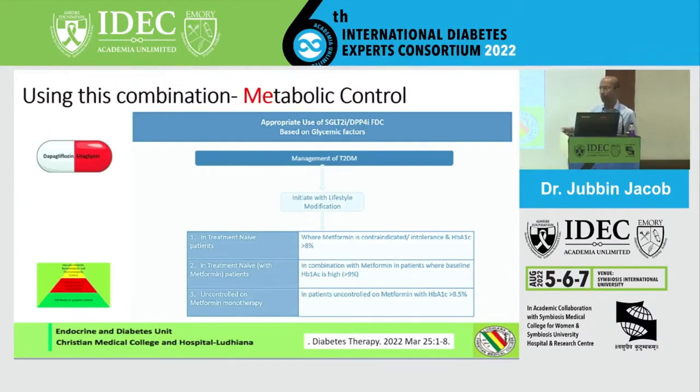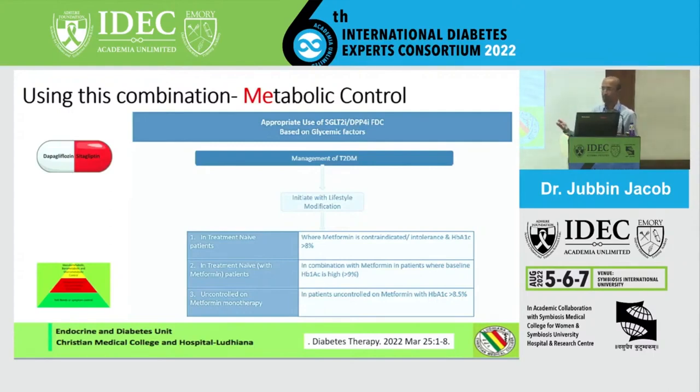Their expert opinion was, if you have a new patient with type 2 diabetes, initiate with lifestyle modification, start on metformin monotherapy if the HbA1c is less than 8%. But if the HbA1c is more than 8%, just metformin monotherapy may not be enough, and there may be a possibility of using this combination along with metformin.